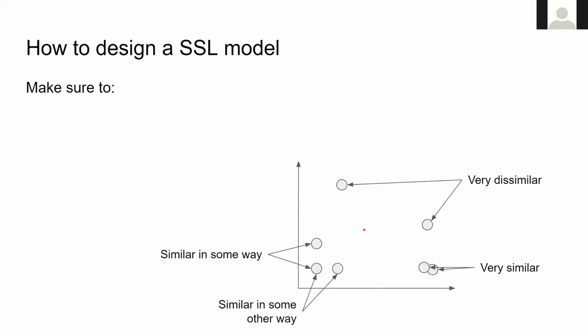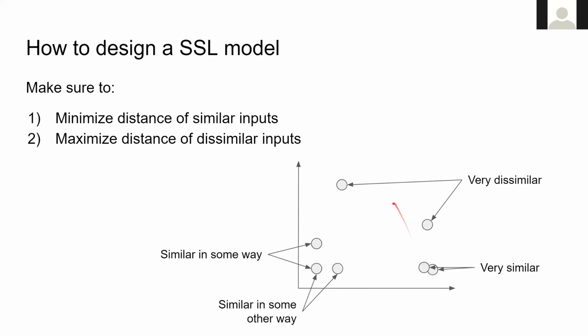When you build a self-supervised learning model, you have to minimize the distance between similar inputs and maximize the distance between dissimilar inputs, which at first glance is pretty obvious. That's exactly what we've been saying. Similar inputs have similar embeddings, dissimilar inputs have dissimilar embeddings.